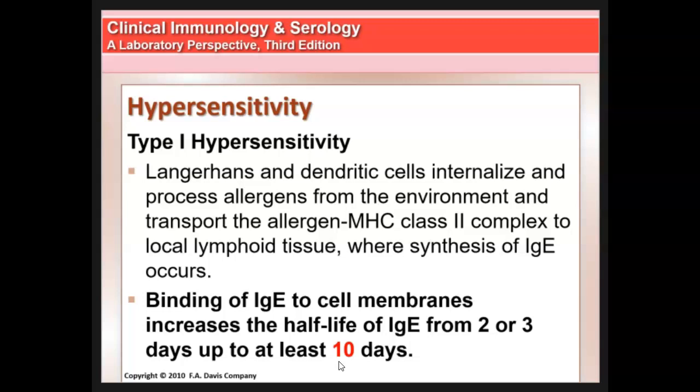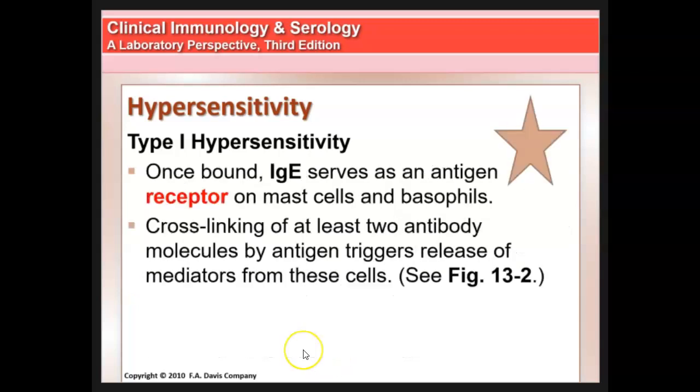All right, type 1 sensitivity. Langerhans and dendritic cells internalize and process allergens from the environment, and they complex to MHC class II molecules in lymphoid tissue, where the synthesis of IgE occurs. Binding of IgE to the cell membrane increases the half-life of IgE from 2 or 3 days up to at least 10 days.